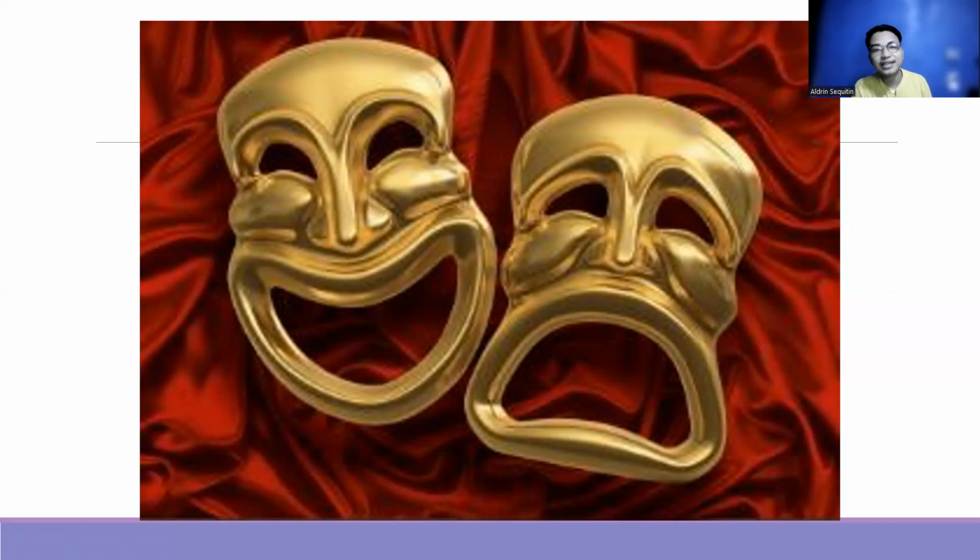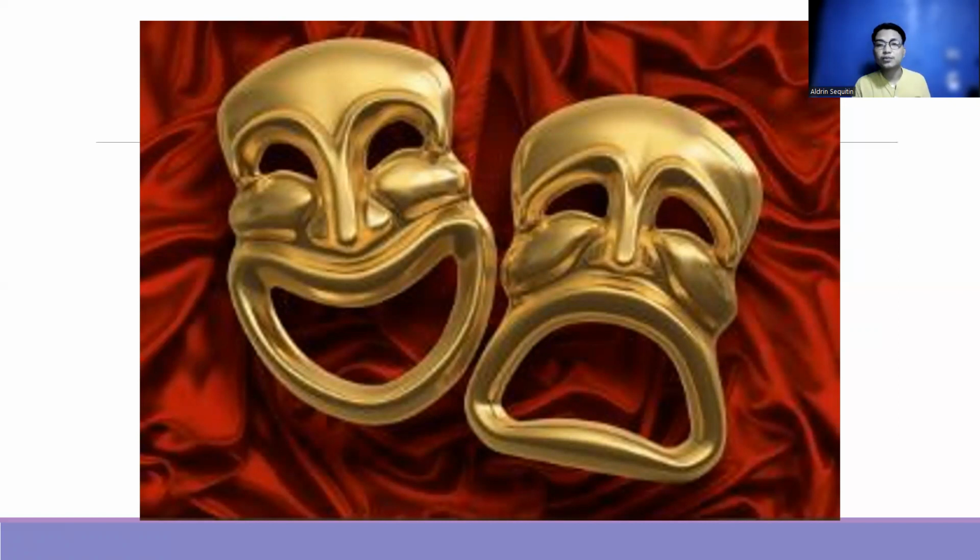But aside from that idea, these masks were used in the old days to hide the real identity of the actors. During those days, women were not allowed to act in a play, meaning we only had men to perform. If there were roles for women, men would take that role and wear masks to hide their real identity.